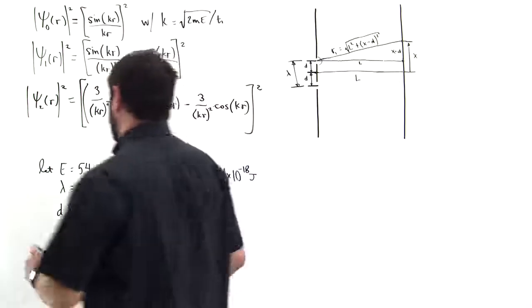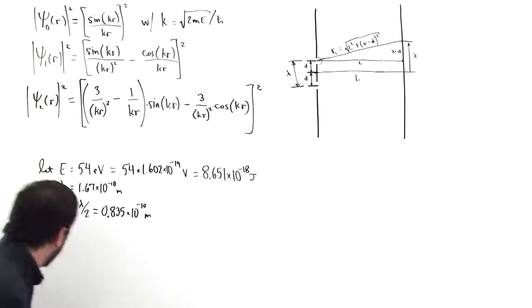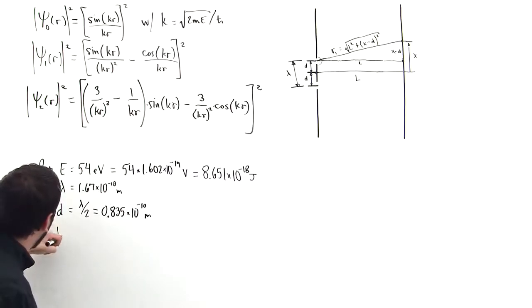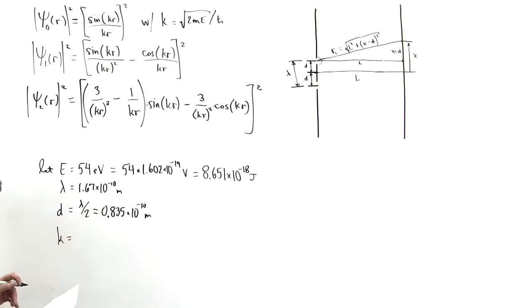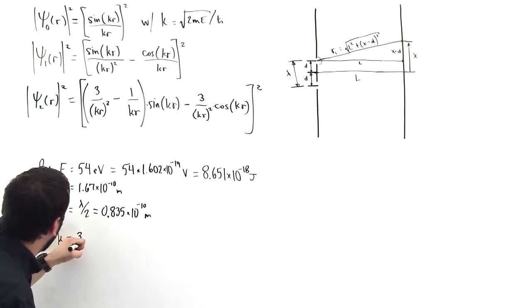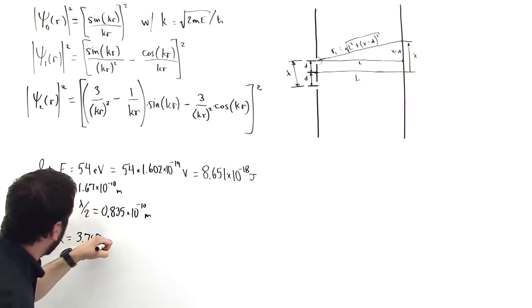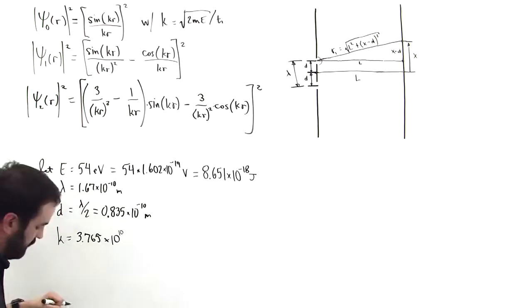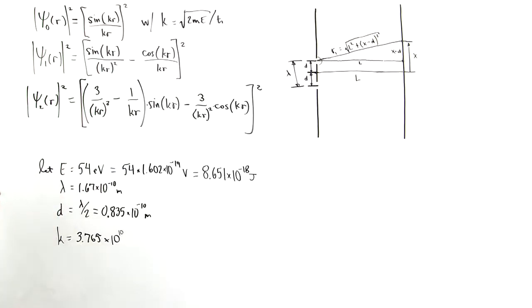So then K is equal to 3.765 times 10 to the 10, and the units are whatever the units are for K. The units of a wave number, I believe, are 1 over a meter.